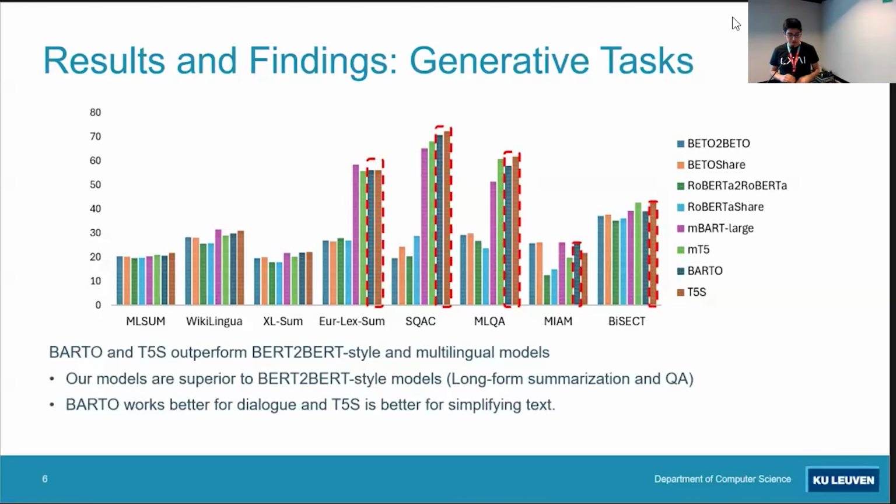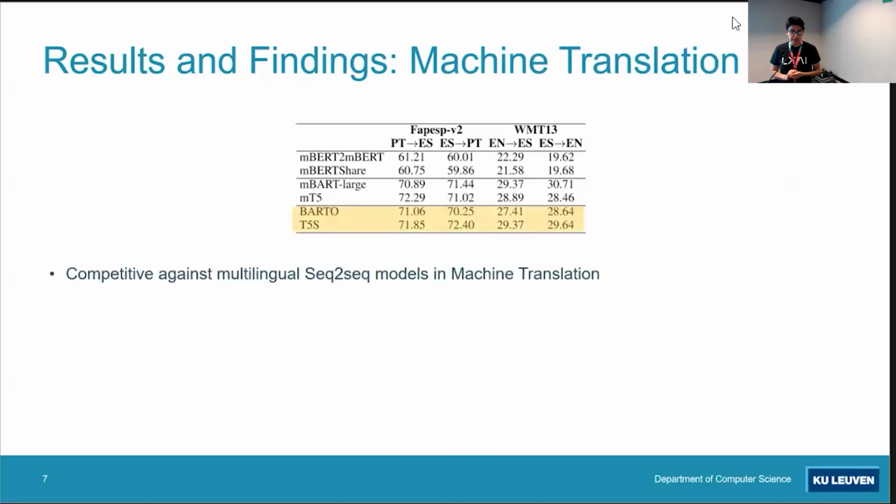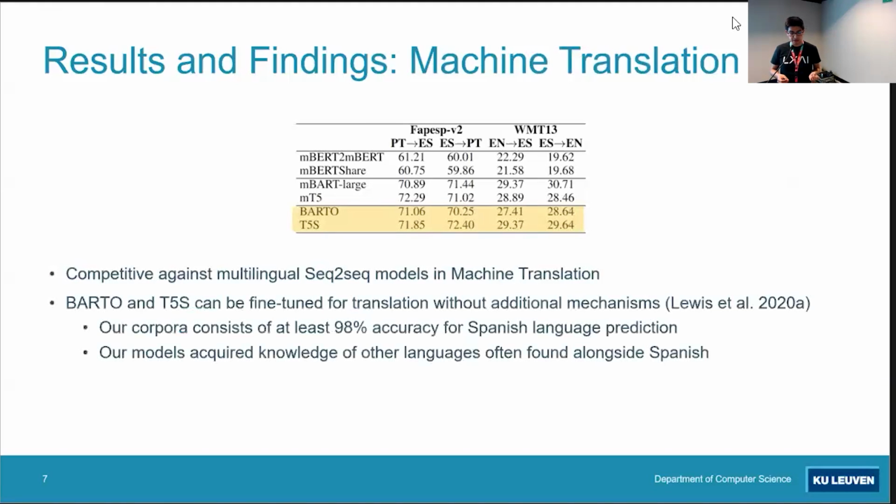For machine translation, this is interesting because we found that these models are competitive in comparison with the multilingual models. And this is because these models can be fine-tuned directly for machine translation.